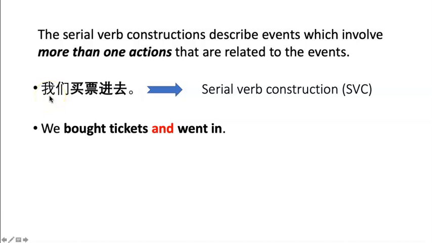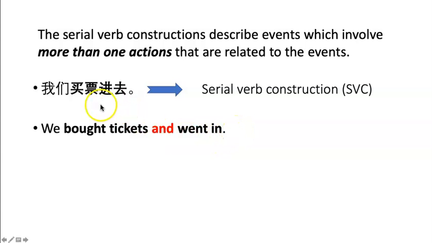我们买票进去. If we were to translate it into English, this would be the translation. We bought tickets and went in. Note that in the English translation of this sentence, we must add a conjunction and to make the sentence grammatical.